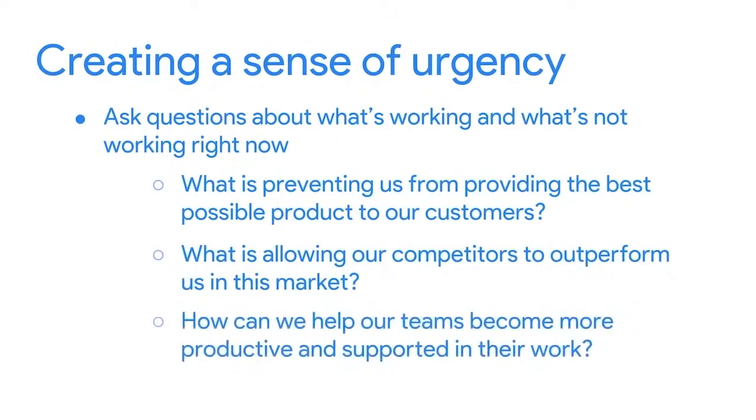And how can we help our teams become more productive and supported in their work? This not only helps you prioritize your work, you get the team thinking about the possibilities they'll enjoy if the change is successful. You can use these questions going forward to collect feedback during the change. Coming back to these questions and demonstrating the incremental improvements is the true spirit of Agile.